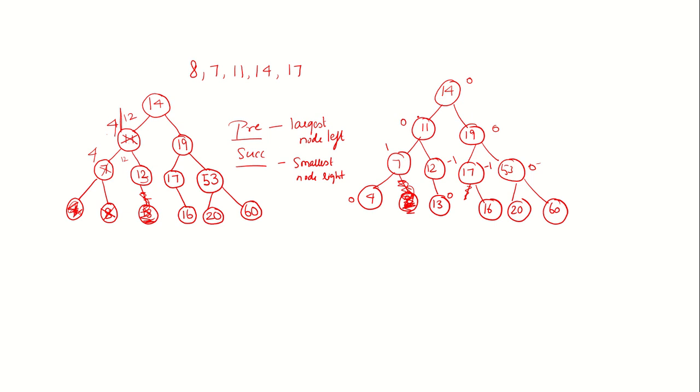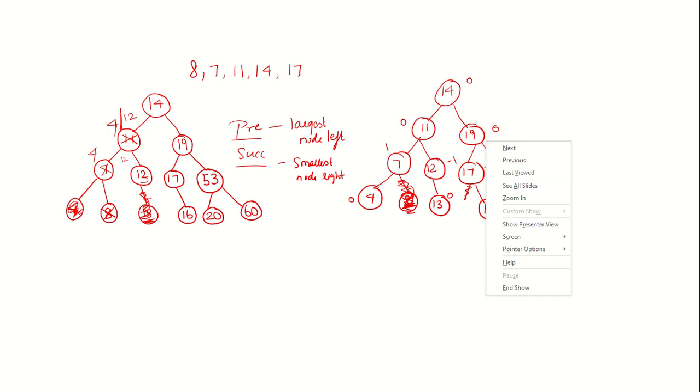Okay, so in an AVL tree, the tree is balanced if the balance factor is 0 or 1 or minus 1. If it is greater than that, then the tree is not balanced. If the tree is not balanced, then you have to do the rotation. Okay, the next node that you want to delete is node 7, right?